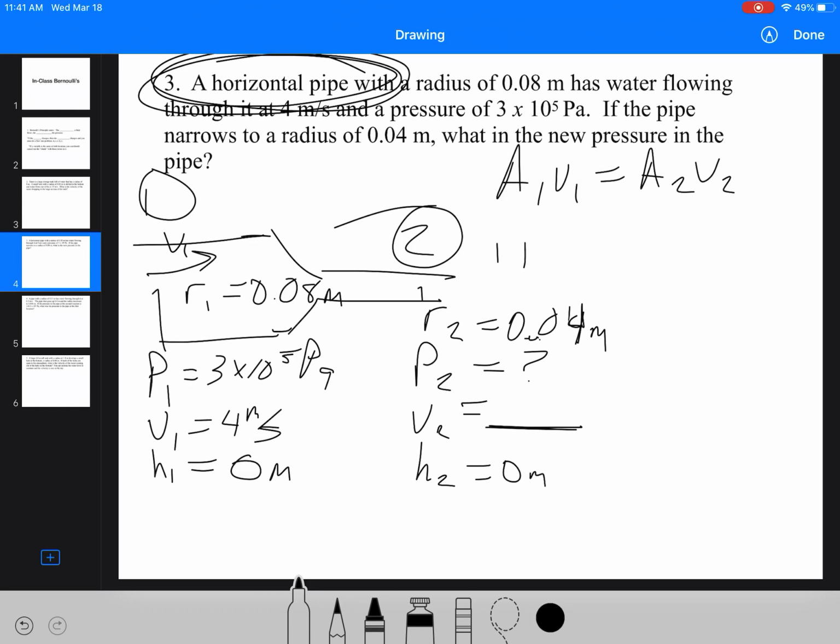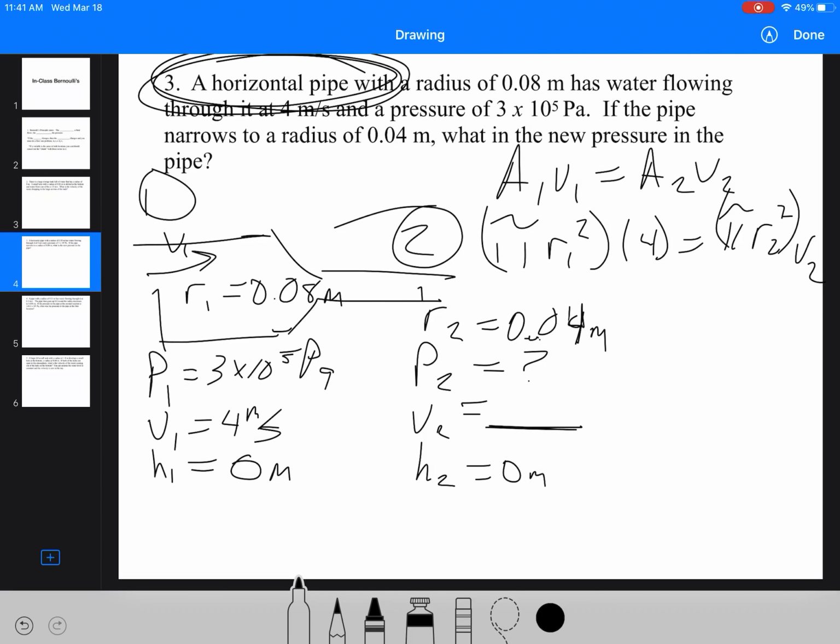Because this is a circle, we have pi R1 squared, because that's my A1, times my V1 of 4, and that's going to equal pi times R2 squared, because that's how we find our area at location 2, times my V2.